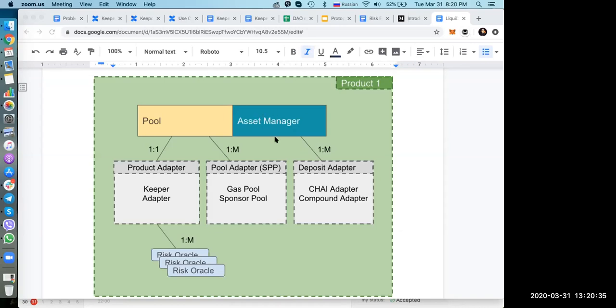The asset manager could be built as a separate component, or could be built as a part of a liquidity pool. The deposit asset manager works with deposit adapters, which place the capital in peacetime to try to compound on any platforms according to the strategy which is defined and approved by DAO governance.